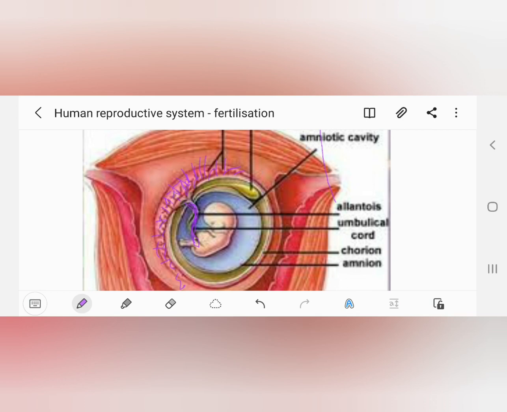The period of time required for the development of embryo in the mother's womb will be varied from animal to animal. Such a period which is taken to develop inside the mother's womb is called gestation period. The longest gestation period among all the terrestrial animals is shown by elephant, which is about 600 days.